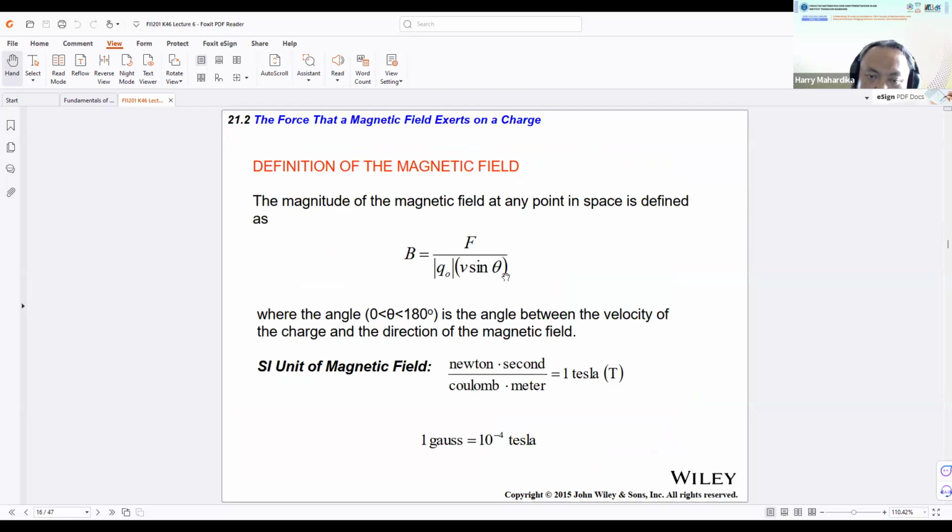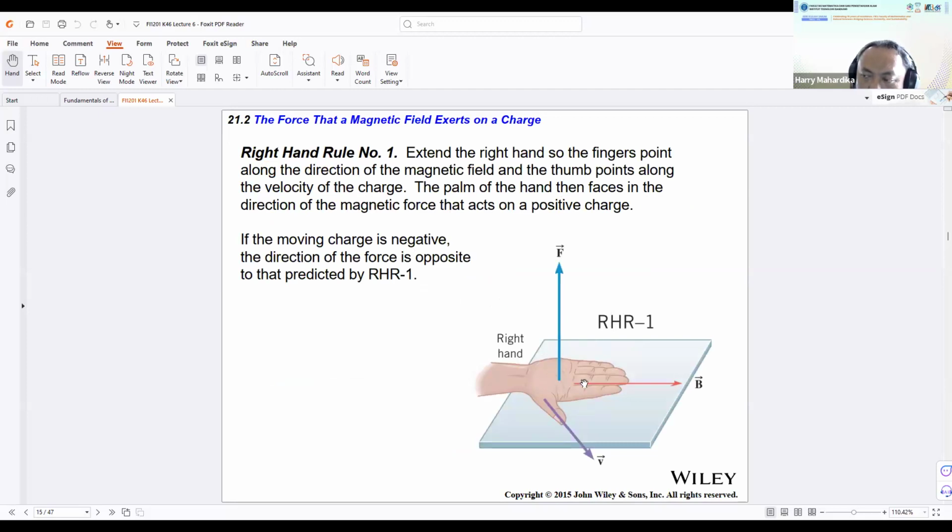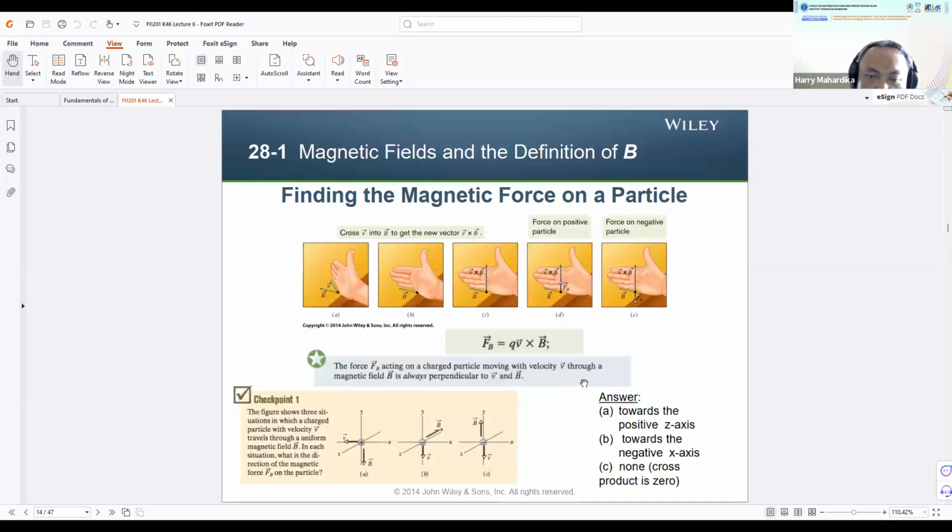If we want to solve the problem using scalar form, we just need to use the right-hand rule to describe the direction of the magnetic force. But if we use the vector form like this one, we don't need to define it using the right-hand rule, because the cross product itself already includes the principles of the right-hand rule.